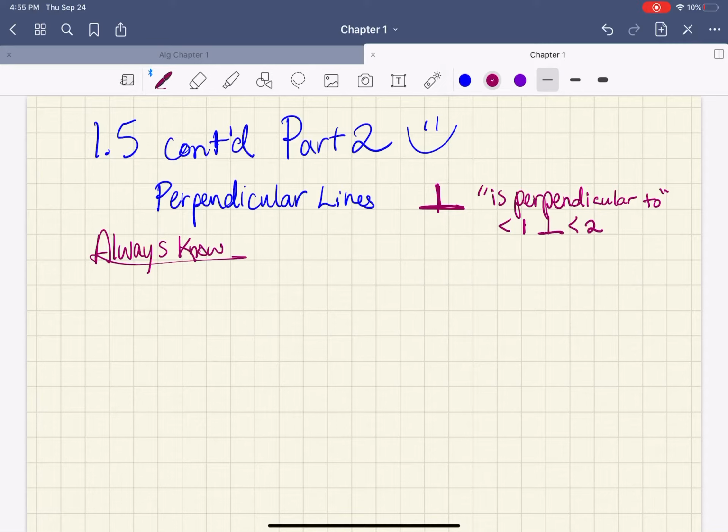Here's what we always know. If we have perpendicular lines, they always intersect to form 4 right angles.